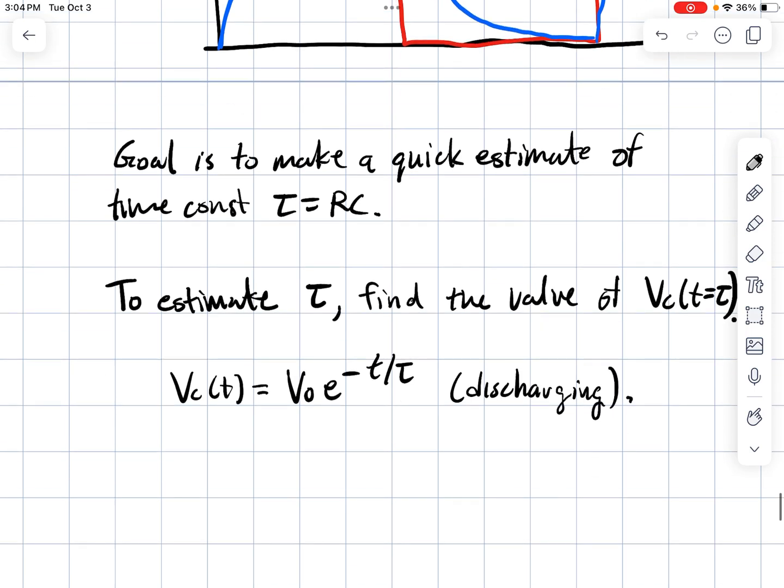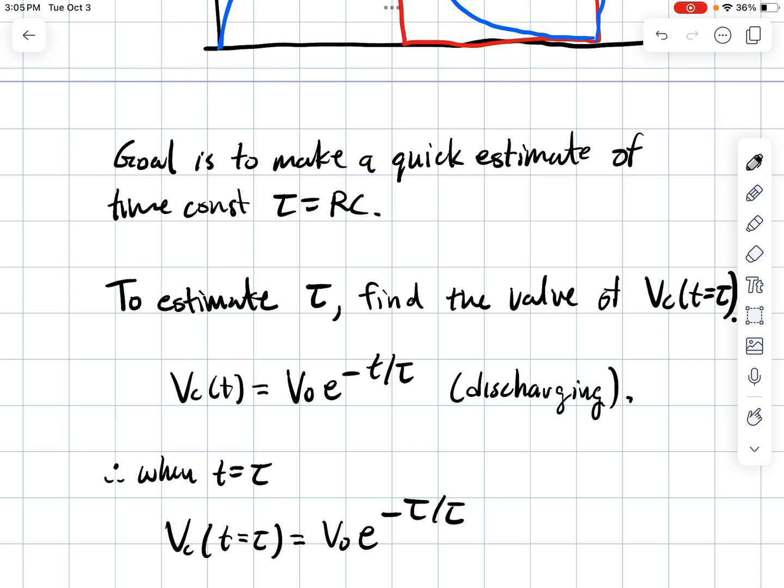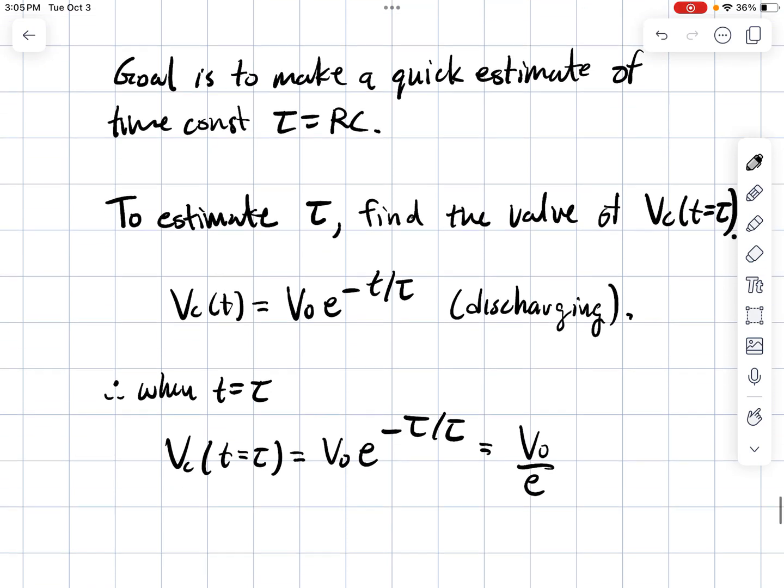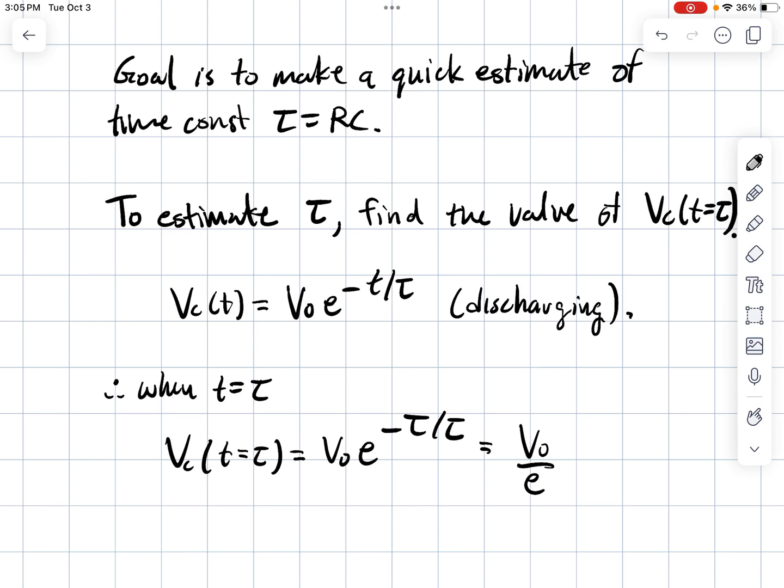So therefore, when t is equal to tau, we have Vc(t = tau) is equal to V naught e to the minus tau over tau, and so we end up with V naught times e to the minus 1, which is V naught over e, and 1 over e is 0.368 times V naught.